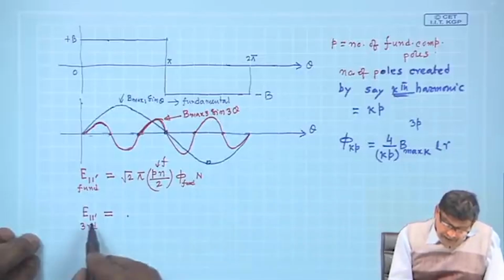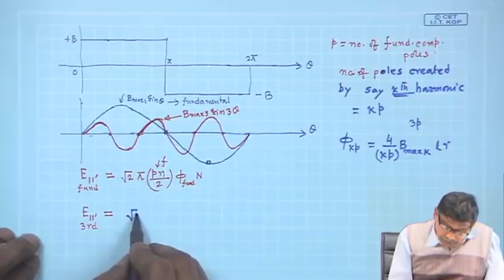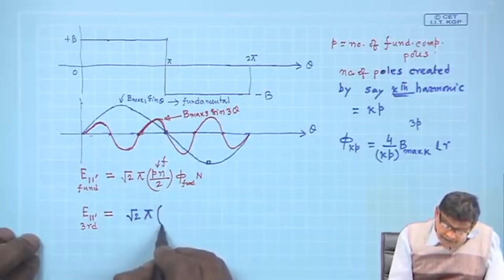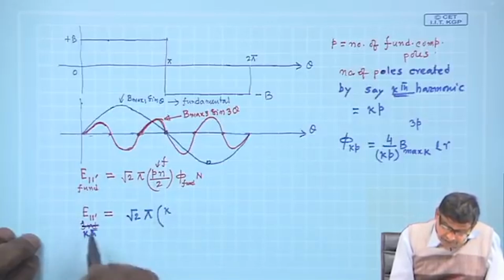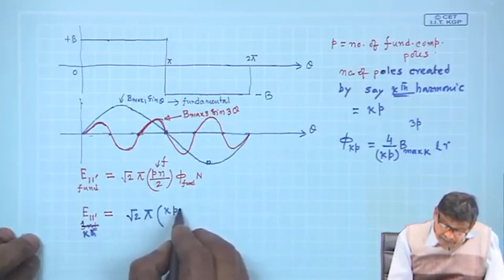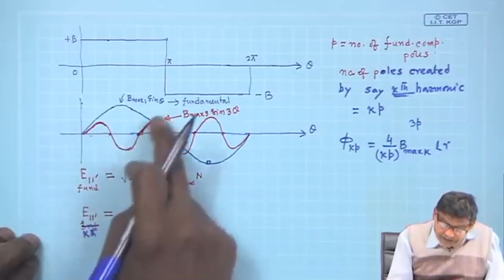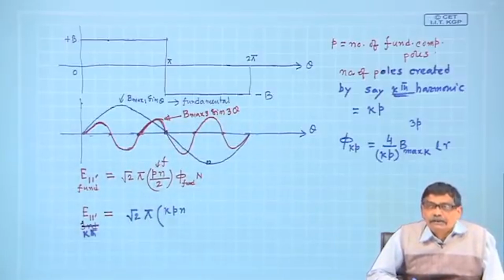Therefore, E11 dash for the third harmonic component will be root 2 pi, and wherever P is there it should be Kp. In fact it is the kth harmonic in general, root 2 pi Kp n, because the number of poles for this particular kth harmonic has increased by Kp.